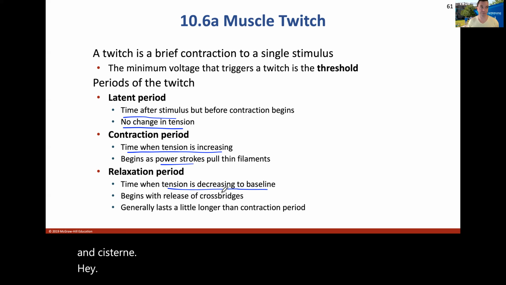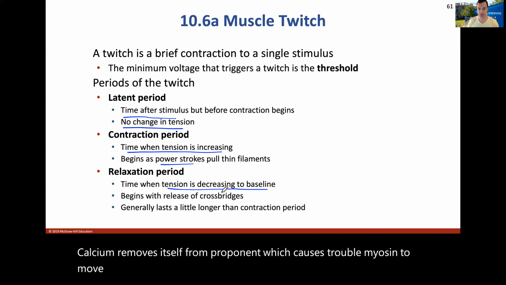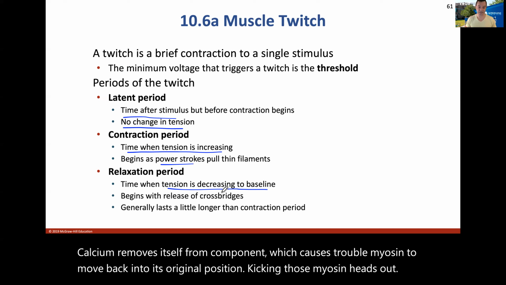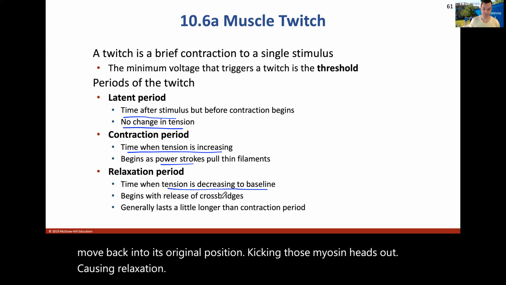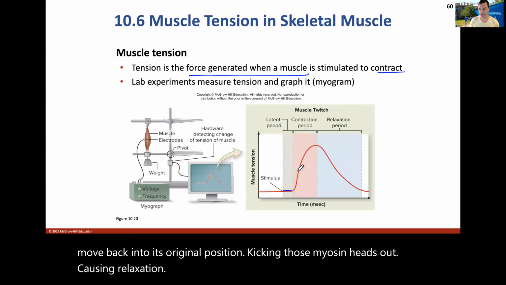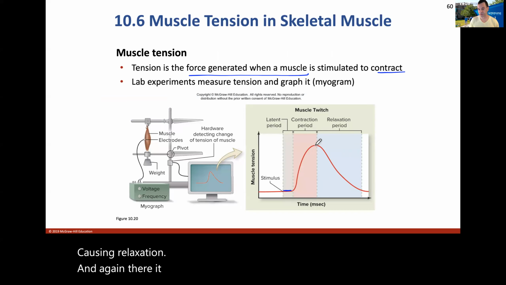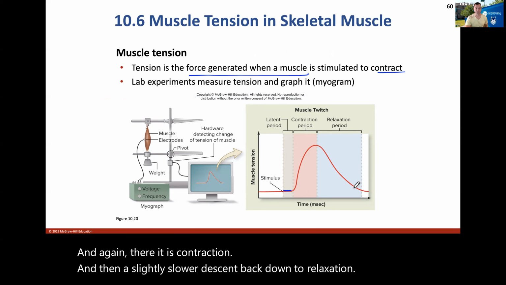Calcium removes itself from troponin, which causes tropomyosin to move back into its original position, kicking those myosin heads out, causing relaxation. And again, there it is, contraction, and then a slightly slower descent back down to relaxation, to resting.